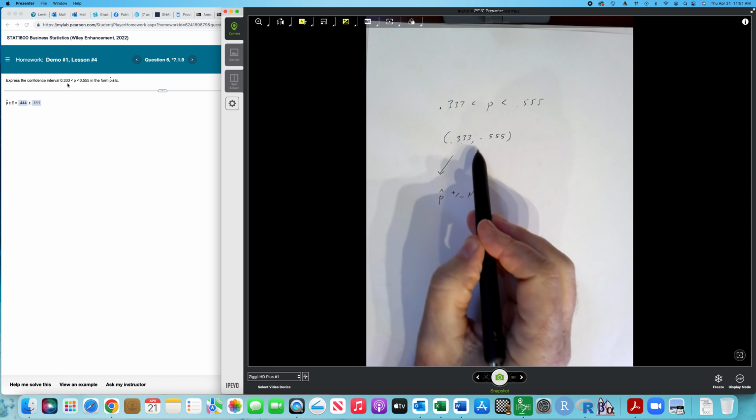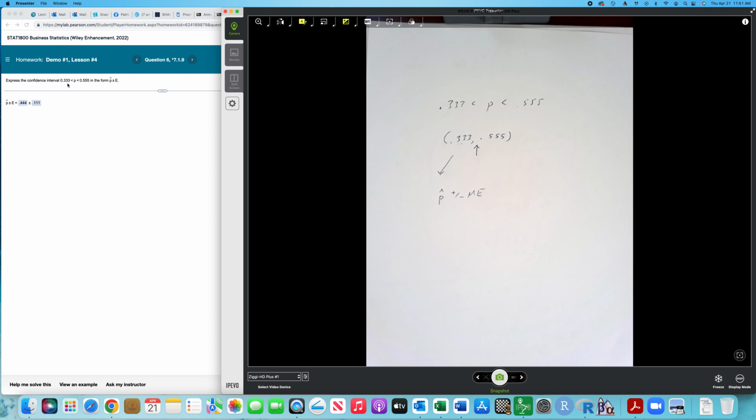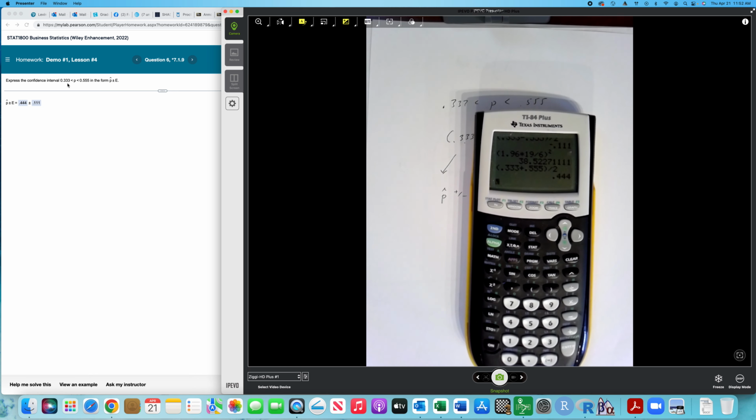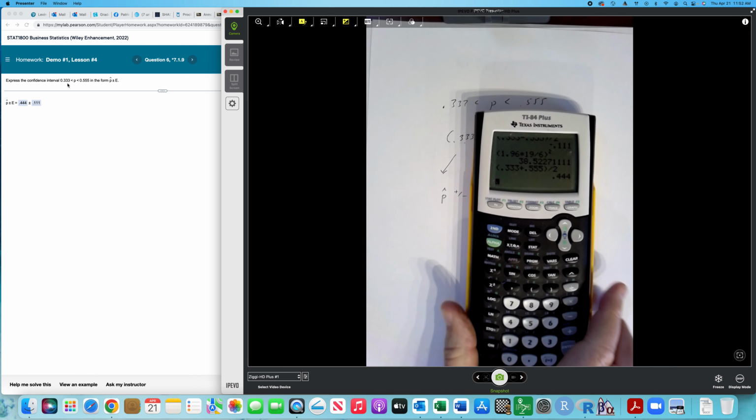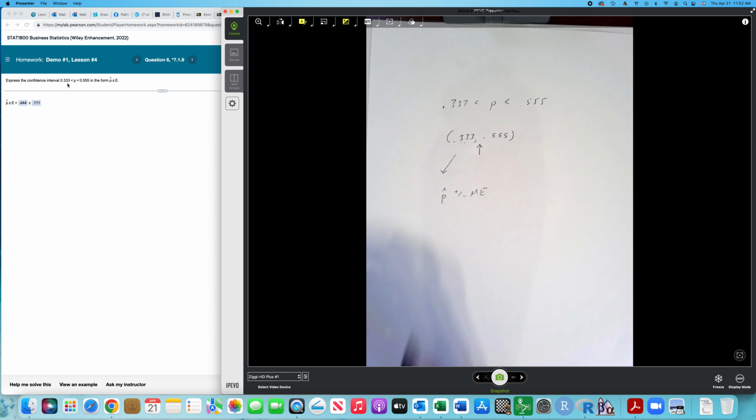Well, p hat has to be the value smack dab in the center of that confidence interval. The easiest way to find the center of a confidence interval is just to take the numbers, add them together, and divide by 2 to get the average. So in this case, the center of the interval has to be 0.444.